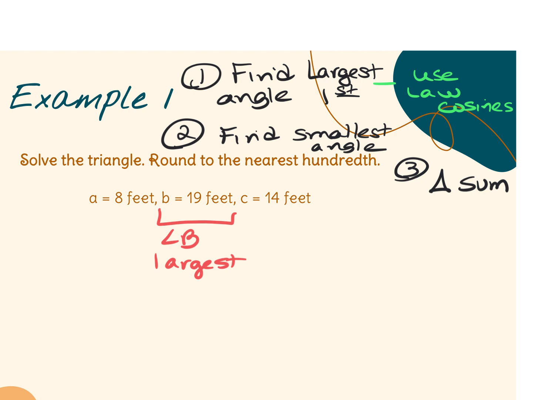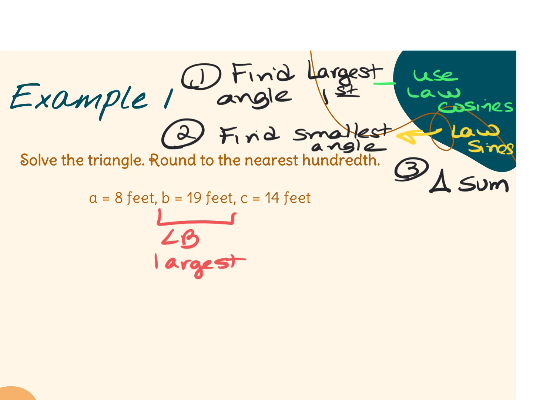We'll add the two that we find in steps 1 and 2 and subtract that from 180. When we find the smallest angle, we're going to be using law of sines. So we're only going to use one of those law of cosines formulas from the previous slide, and only one time. Then the second step is a proportion using law of sines, and the third step is our triangle sum: add the two angles we find in steps 1 and 2 and subtract that from 180.